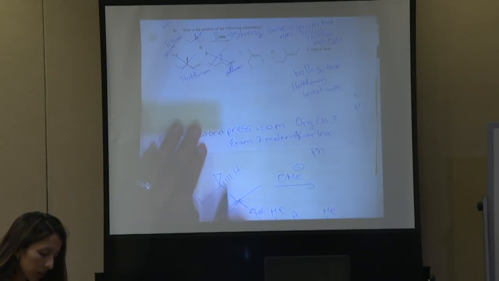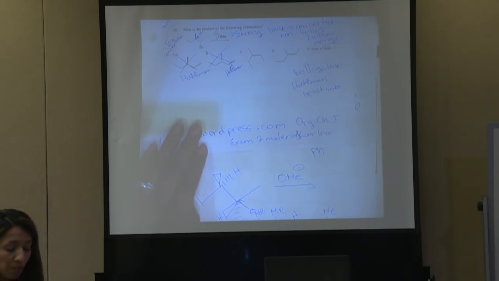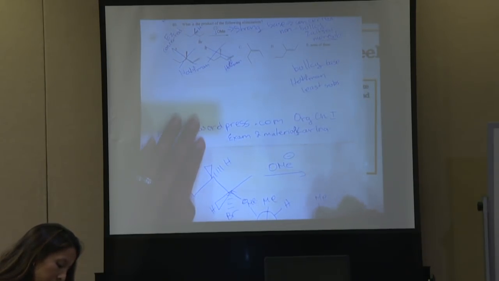My beta proton is here, my leaving group is here. Is the H on the carbon that is also attached to the bromine the alpha proton? Good question. Possibly, not sure to be honest. But this is the alpha position, so possibly, maybe. All right, so let's rotate the back.